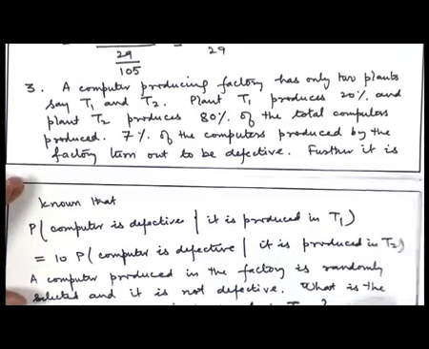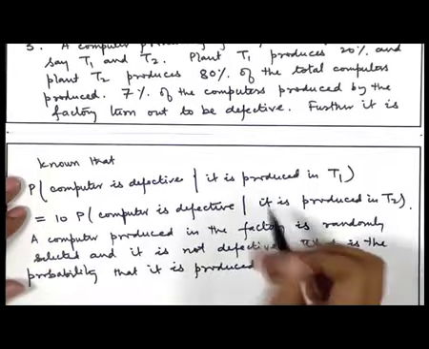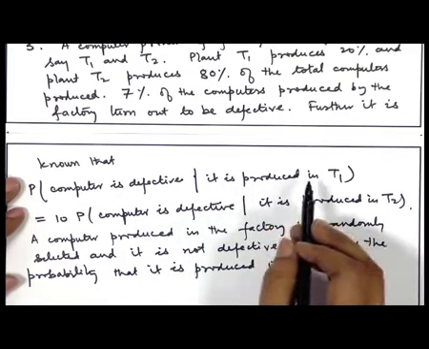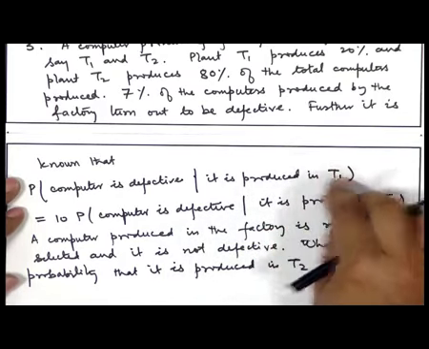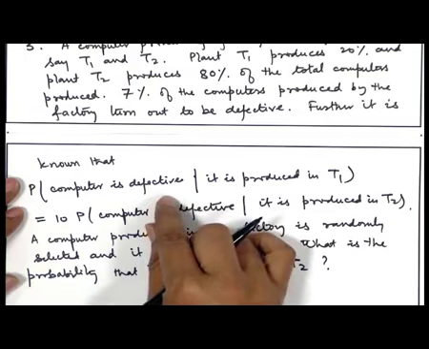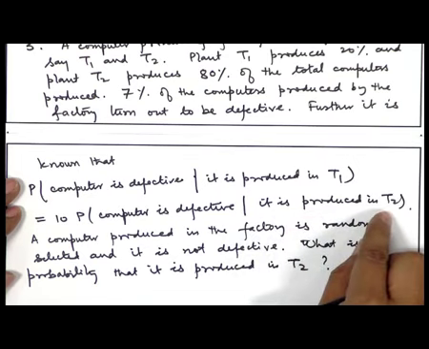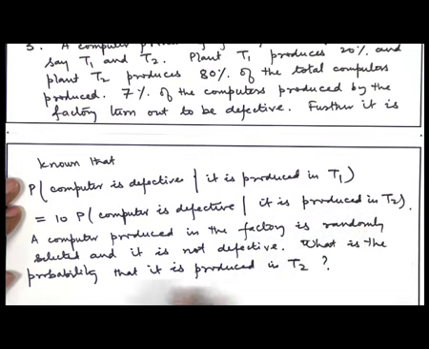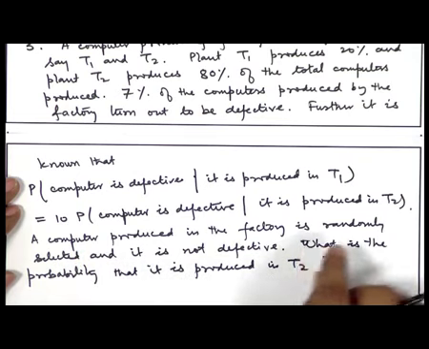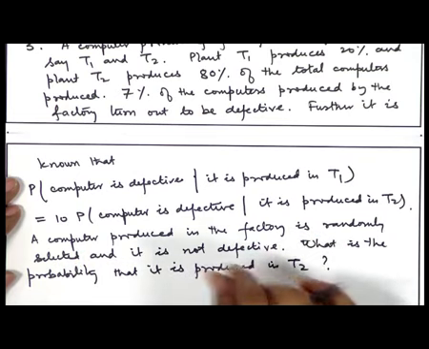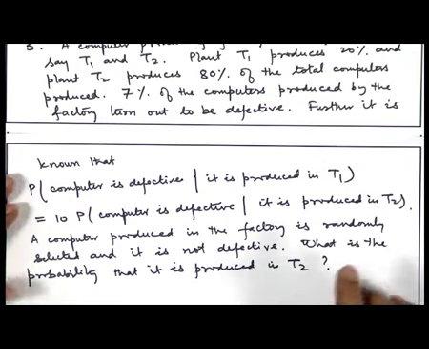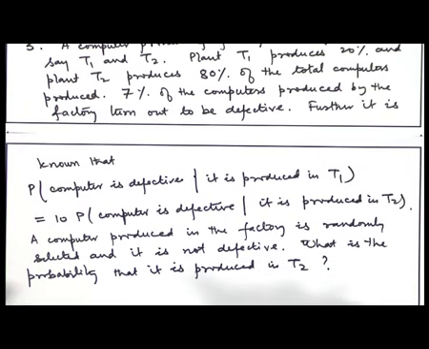Additional information given is that the computers produced by plant T1 have 10 times the probability of being defective compared to those produced in plant T2. Now if a computer produced in the factory is randomly selected and found to be not defective, what is the probability that it is produced in T2?